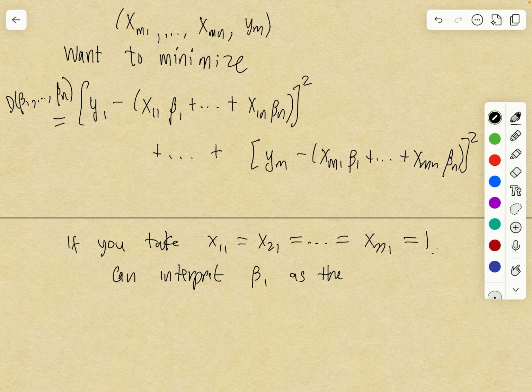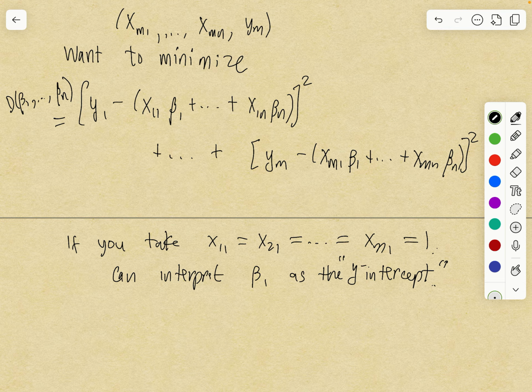So as the intercept. Okay, I guess I'll call it the y-intercept, but y is the dependent variable, right? So I'll put this in quotes.